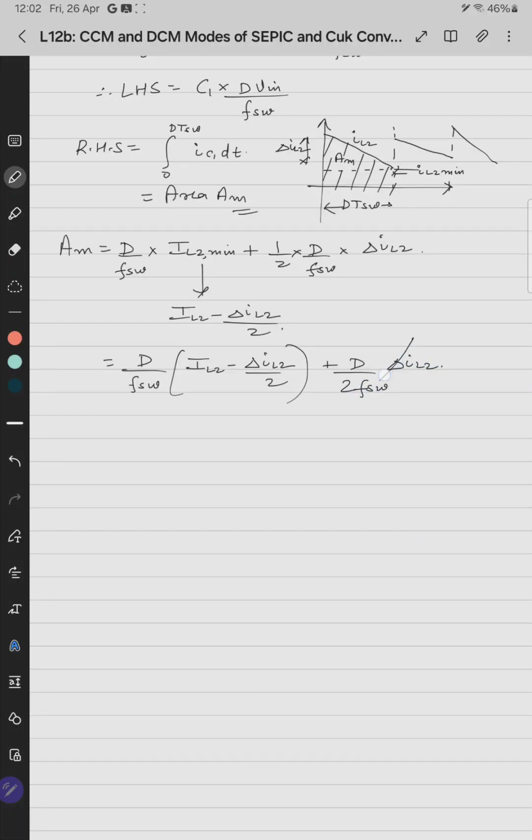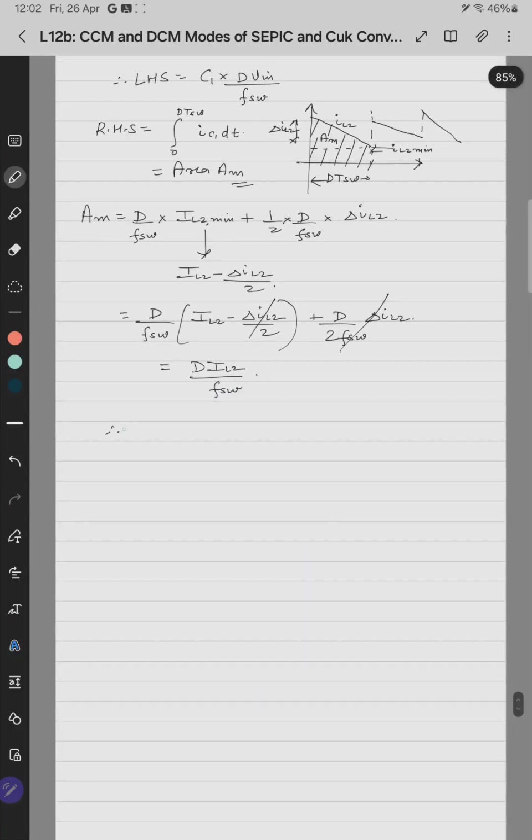If you see, this term and this term are same. So it is D IL2 by F switching. So therefore equating LHS and RHS, C1 into D into V in by F switching equals D IL2 by F switching.